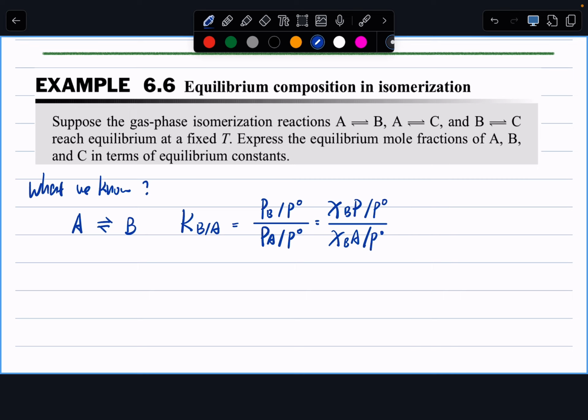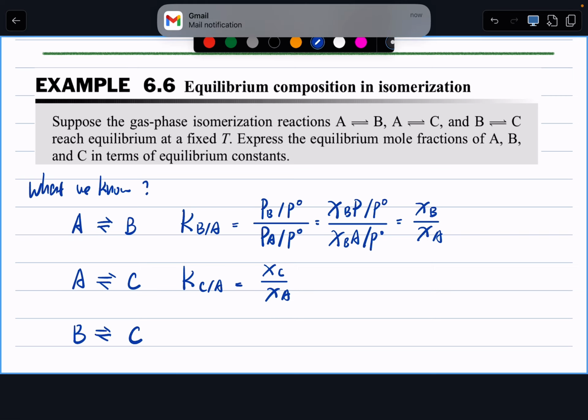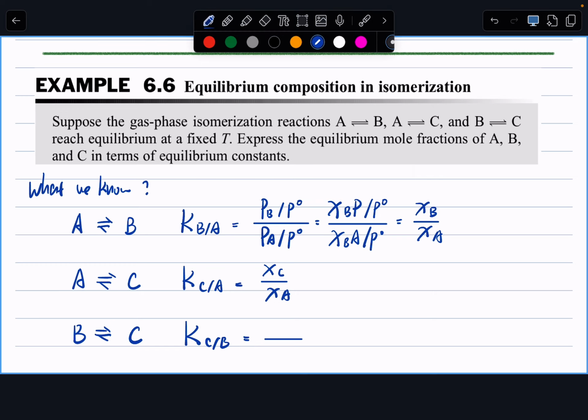Because my stoichiometric coefficients are exactly the same, we can write that as chi_B over chi_A for the equilibrium between A and B. The same analysis works for the other two equilibria. For A to C, we can write K_CA equals chi_C over chi_A, and for B to C, K_CB equals chi_C over chi_B.